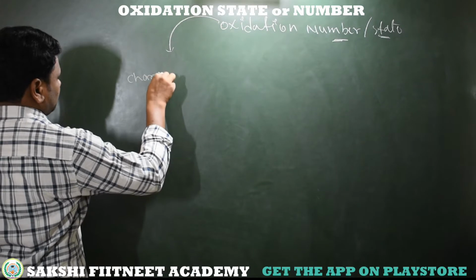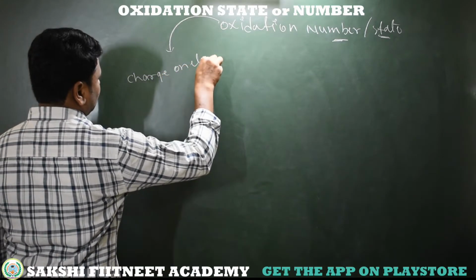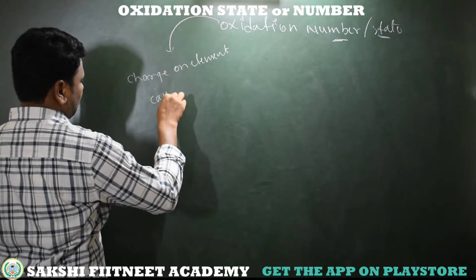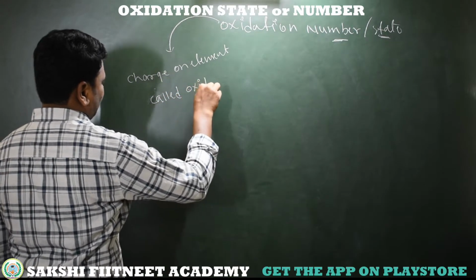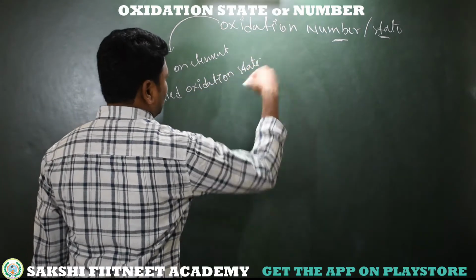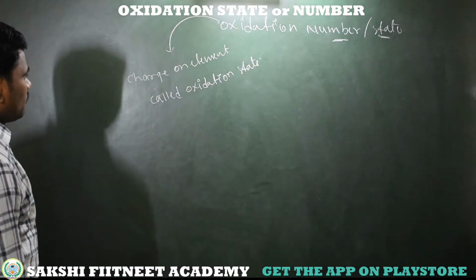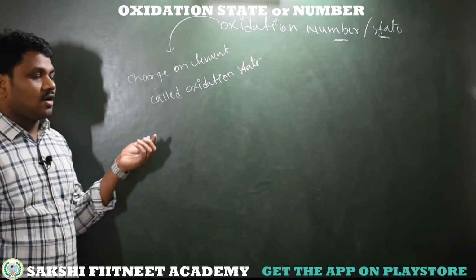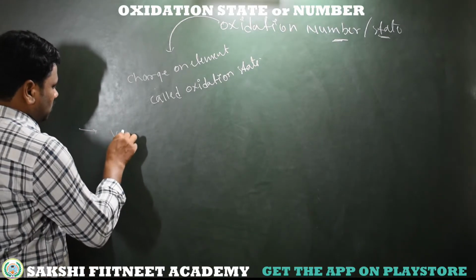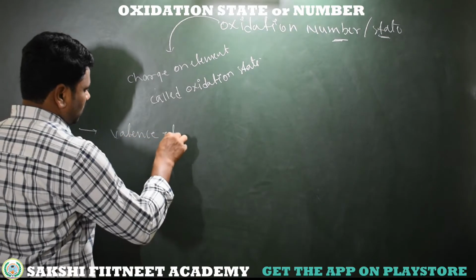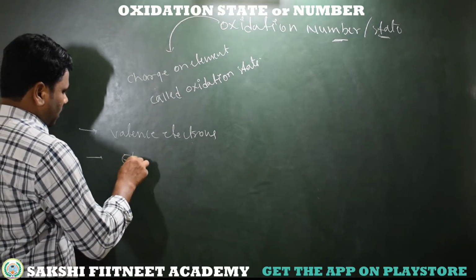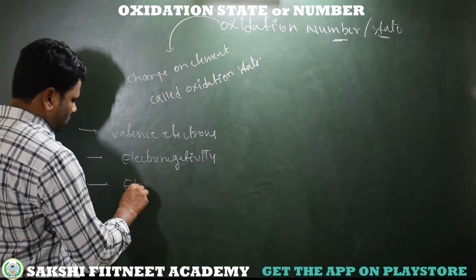The charge on an element is called its oxidation state. On which basis are we assigning a particular number as an oxidation state? That is based on their valency electrons, and based on their electronegativity and electropositivity.